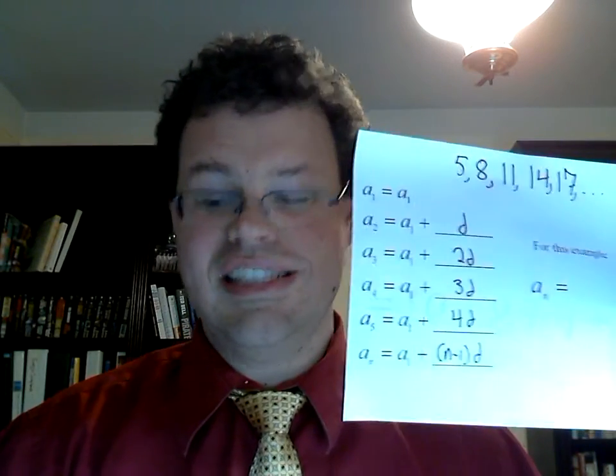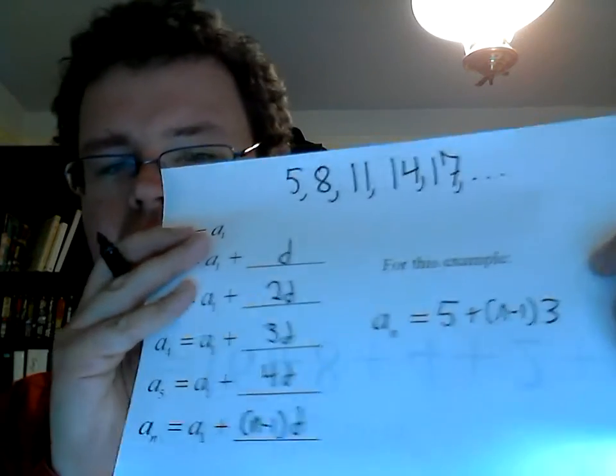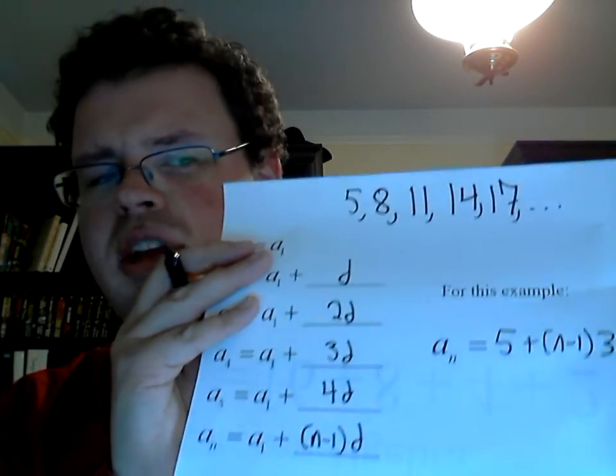Okay, so in this example, what do we have? We're starting out with a1, our first term is 5. And each time, plus n minus 1 times that constant difference, n minus 1 times 3. And we can mess around with the algebra, simplify this a bit.